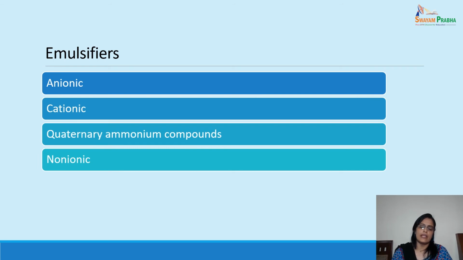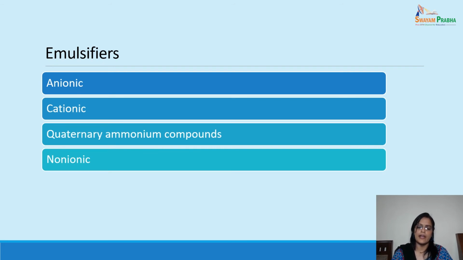Anionic, cationic, and non-ionic emulsifiers we have discussed in the previous modules, and in cosmetic preparations also. In the entire subject of cosmetics and cosmeceuticals, I have discussed emulsifiers at many points, so we will not go into much detail here.